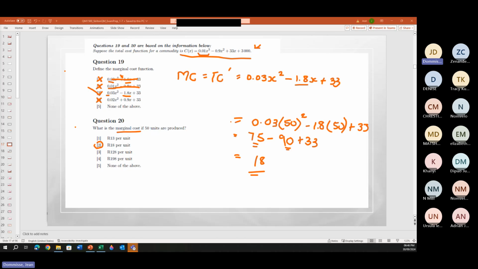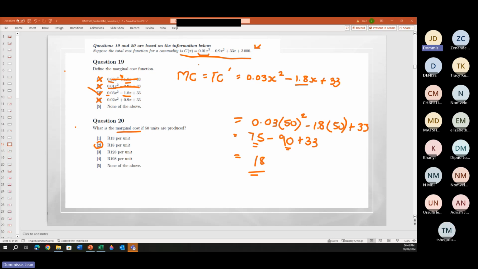Then with that differentiated formula, they ask you to work out the marginal cost. Otherwise, they can say you maximize it. To maximize, you need to put it equal to 0. So there's a few ways that they can ask this type of question.